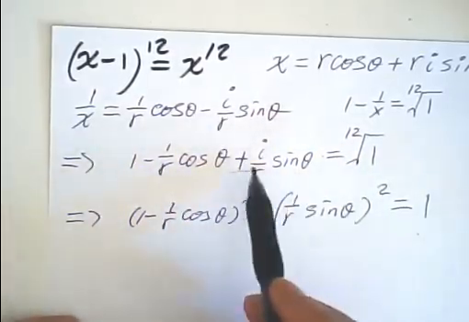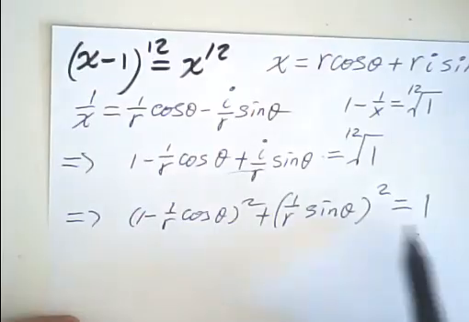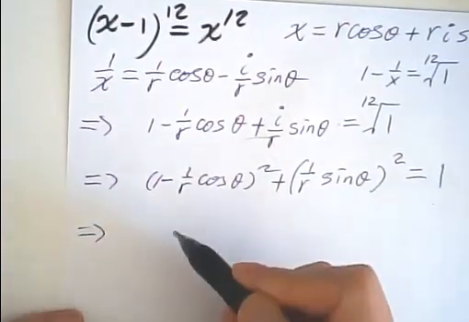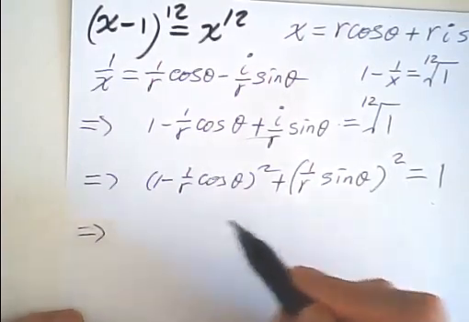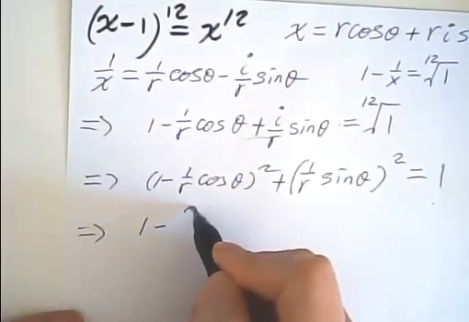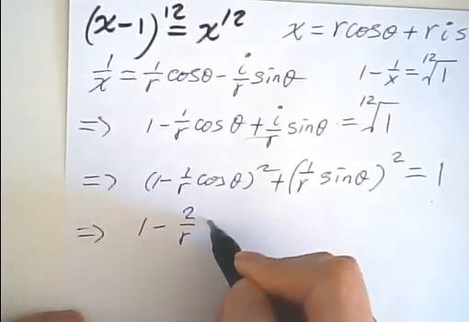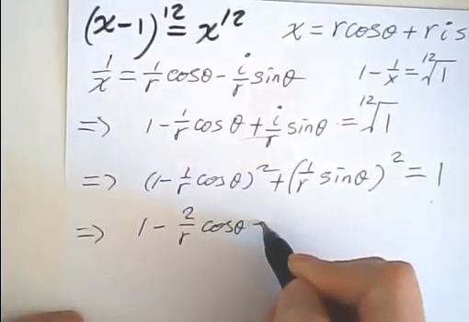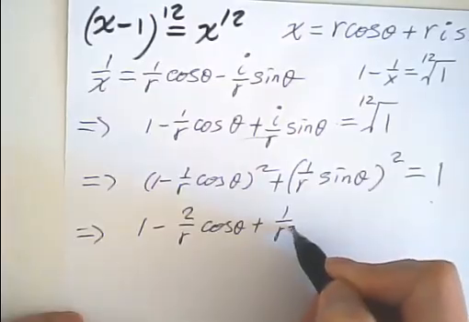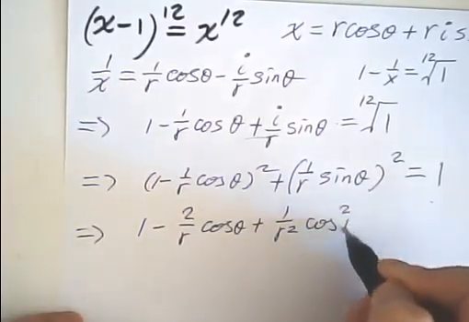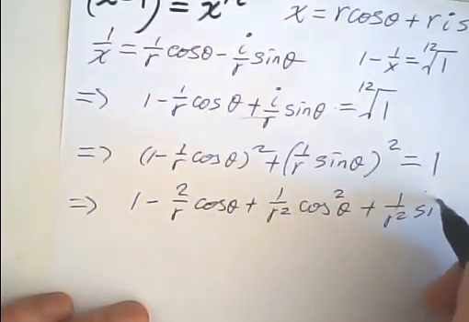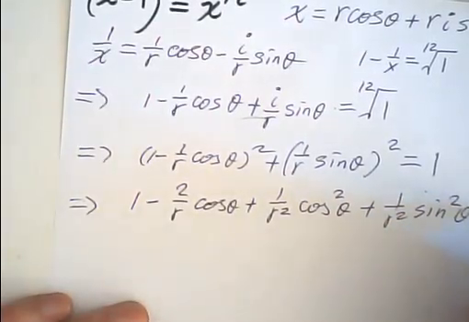And this one is equal to 1 minus 2 over r cosine plus 1 over r square cosine square plus 1 over r square sine square is equal to 1.